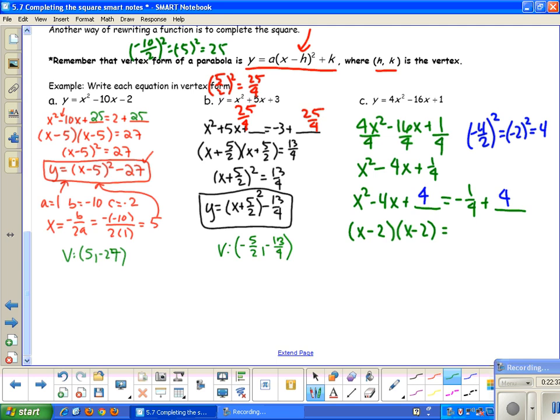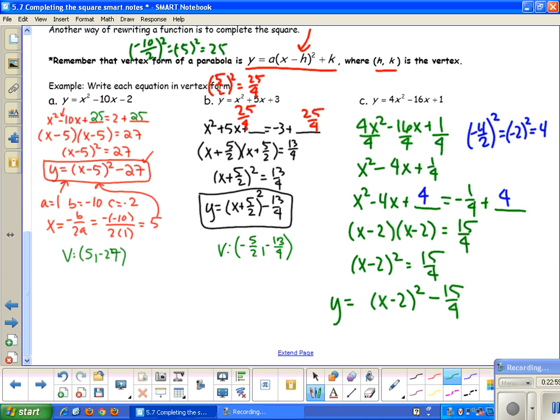And then -1/4 plus 4 gives me 15 over 4. So this would be x minus 2 quantity squared equals 15 over 4. And then, of course, we would want to take that to the other side. So we get y equals x minus 2 squared minus 15 over 4.